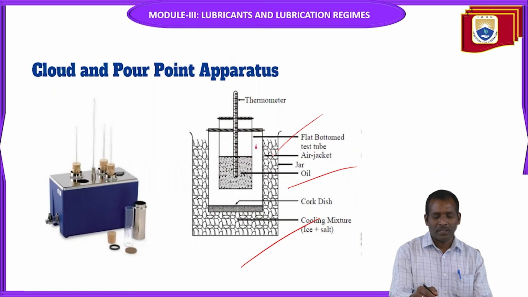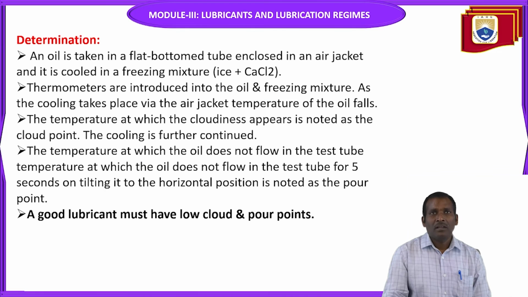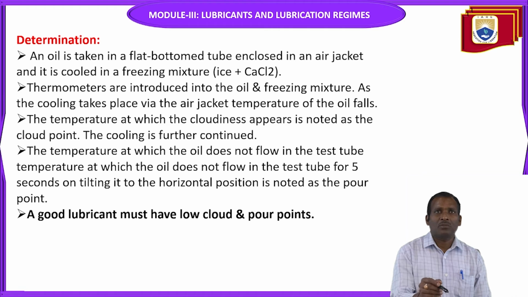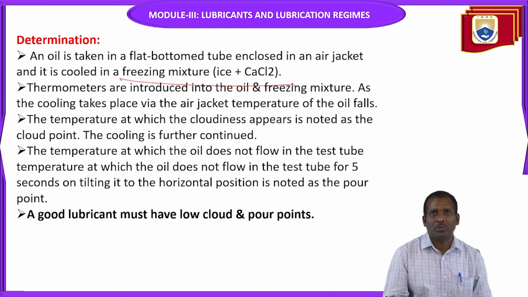The test tube is already inserted inside, and the cooling mixture is ice plus salt. The cooling mixture is a freezing mixture, ice plus salt, CaCl2. So thermometers are introduced in the oil and the freezing mixture.